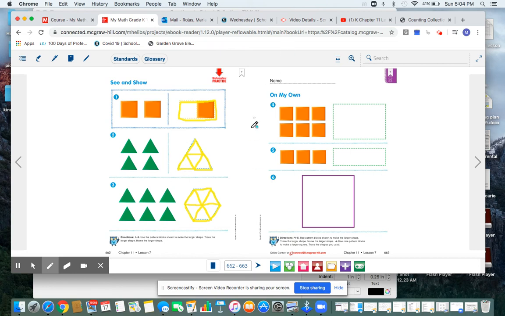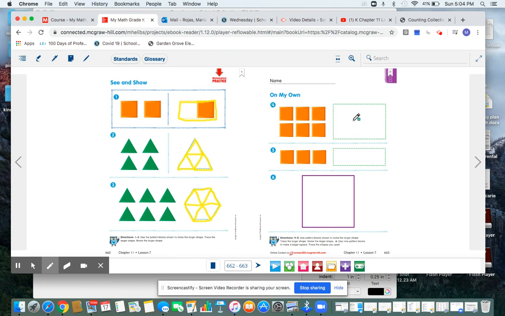Okay, so let's go to number 4. What you're going to do is use these 6 squares and put them into this big rectangle. So you're going to make a big rectangle using 6 squares. That means look at the ones Ms. Rojas did before. You have to use these to make this shape.